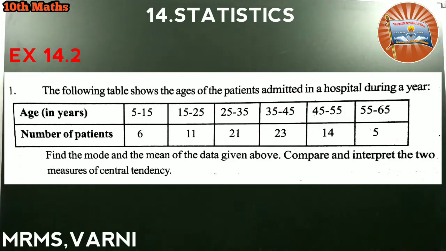Now find the mode and mean of the data given above. Compare and interpret the two measures of central tendency. Here we have to find the mode and mean, and we have to compare mean and mode here.